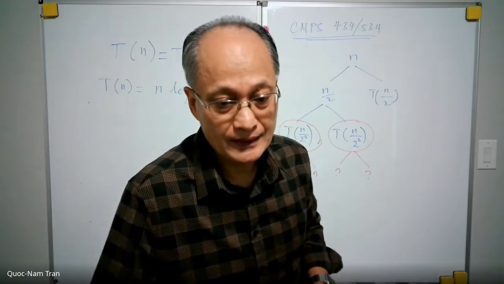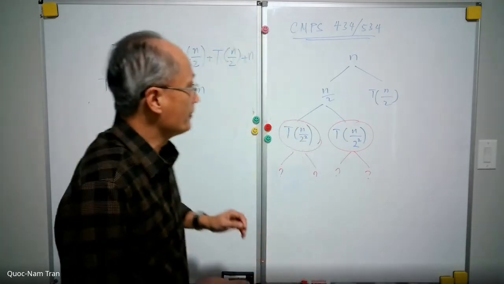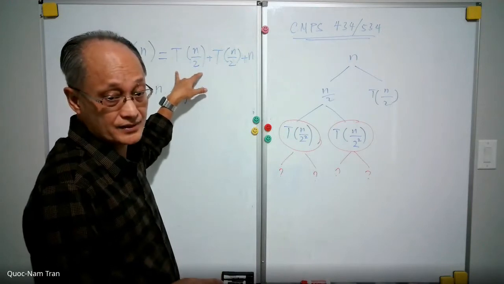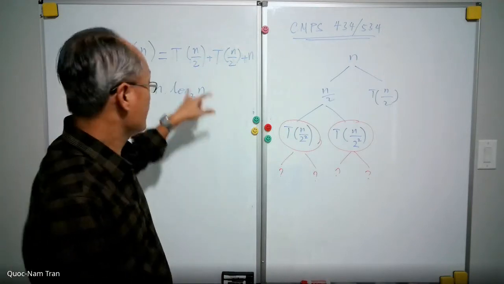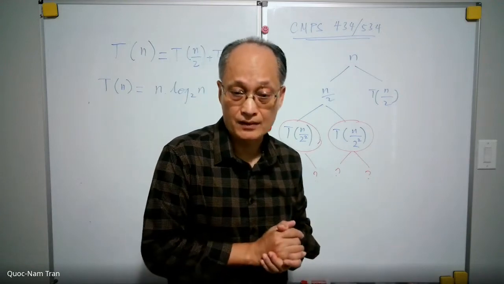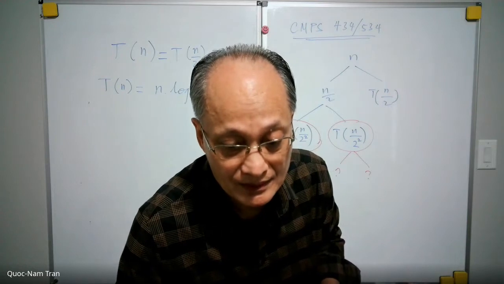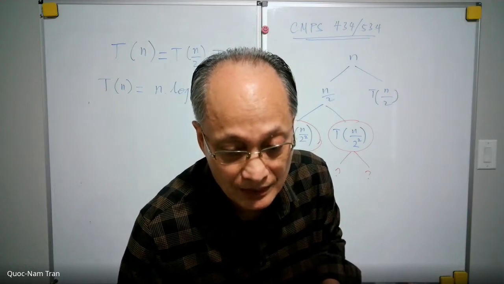Before we continue, let me remind you a little bit about the meaning of this recurrence. Remember that the recurrence here comes from the merge sort analysis. Let me show you what we have.